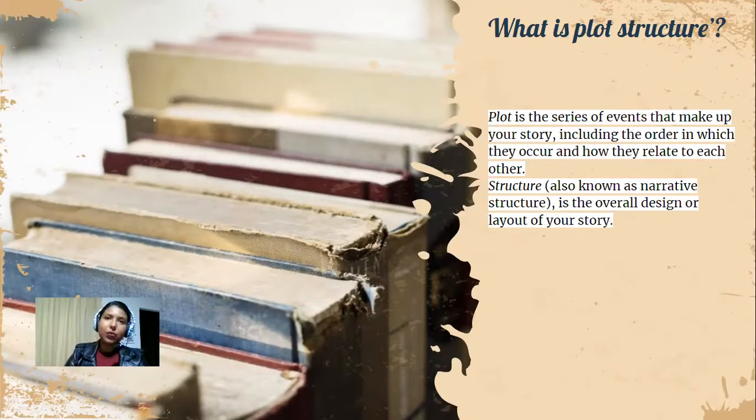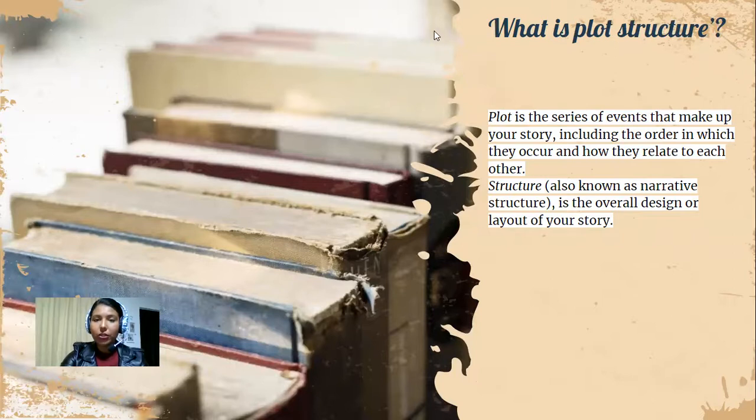So why? Because when we are using that plot structure, which is very often when we are talking about the formative approach in literature, we have to follow that structure in order to add coherence to your story, okay? To your narration, so that at the end that story makes sense. That's why you follow that structure.